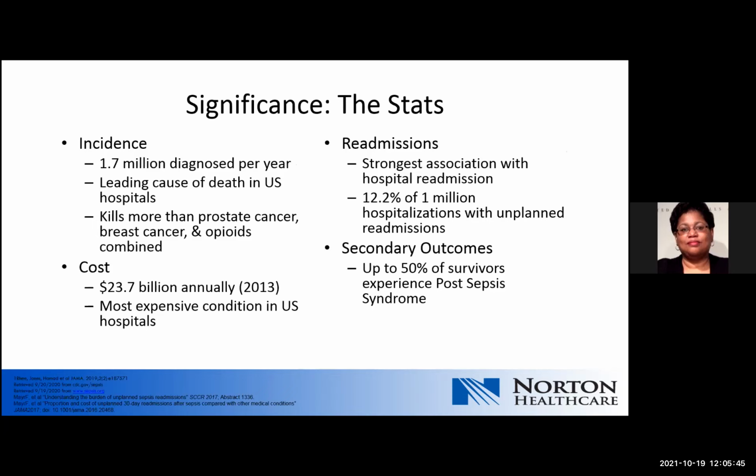And then the part that I think is really interesting is they're about readmissions, having the strongest association with hospital readmission. We're going to talk about that a little bit later. And then of course, that secondary outcome, which I've mentioned related to that post-sepsis syndrome, up to 50%, half of the patients who have had sepsis leave our hospitals with some element of sequelae related to their sepsis experience, also called post-sepsis syndrome.